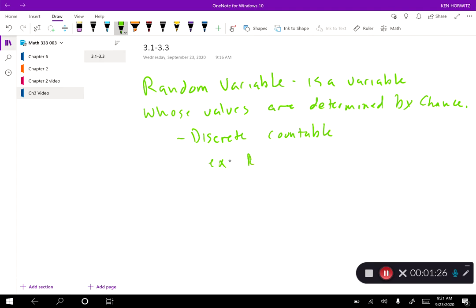The rolling of a die, tossing of a coin are all discrete because you got to go from 1 to 2 to 3. You can't have half a toss of a coin. Number of joggers in a park. Can't have half a jogger. That would be quite messy.